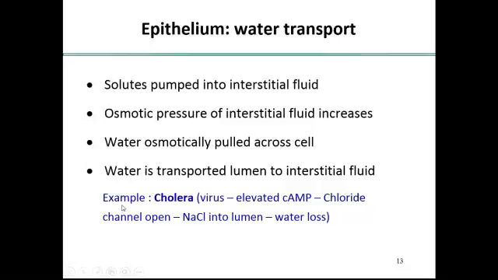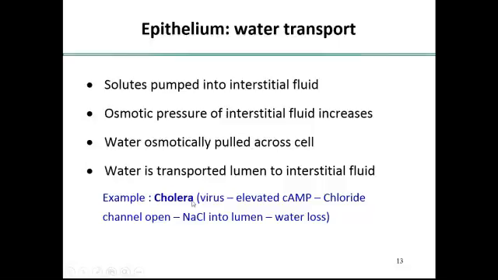Let's look at an example in the case of cholera, where the toxin would be affecting the membrane transport, and intracellular cyclic AMP is elevated, so the chloride channel would be open and chloride would come from the epithelial cell into the lumen, and sodium ion would go with the chloride ion because of the electrical gradient, and water would be pulled into the lumen, and that's how diarrhea happens, with water loss.